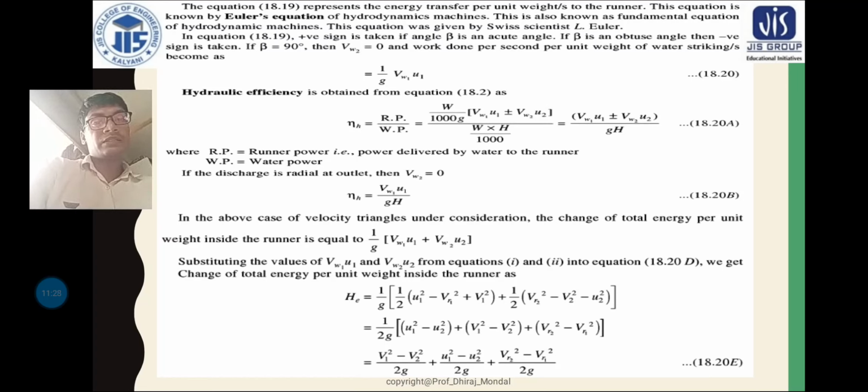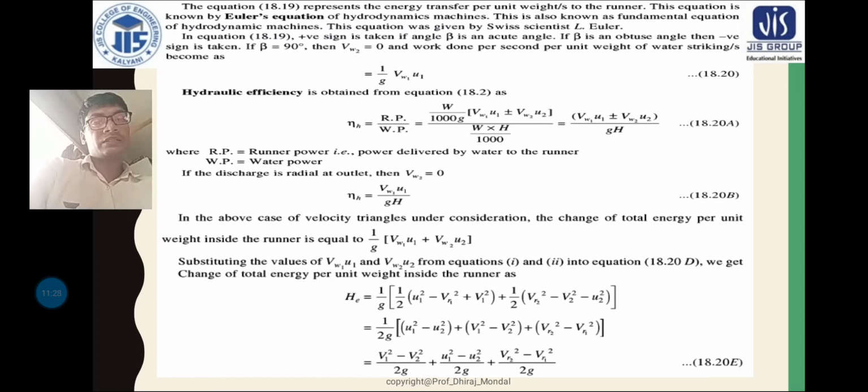If the discharge is radial at outlet, then beta is equal to 90 degrees and Vw2 is equal to 0. At that time, the hydraulic efficiency eta is equal to Vw1 u1 by g into H.